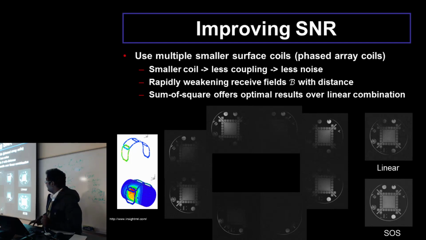In fact, it turns out that wherever you have signal, the noise distribution is more Gaussian around the signal mean value, whereas when you have no signal, the noise distribution is actually a Rayleigh distribution. So we'll come to that. There's a slide on that.